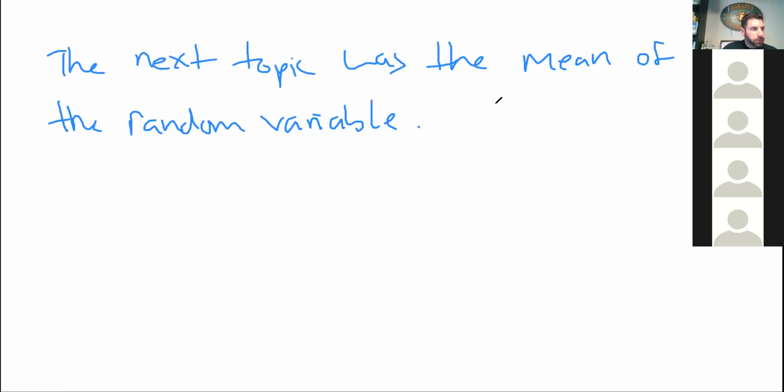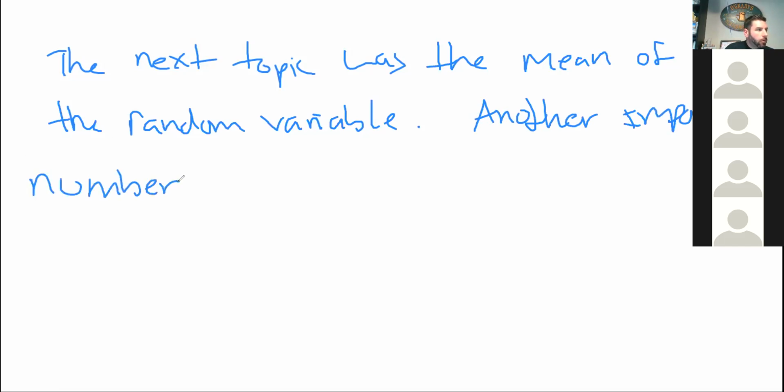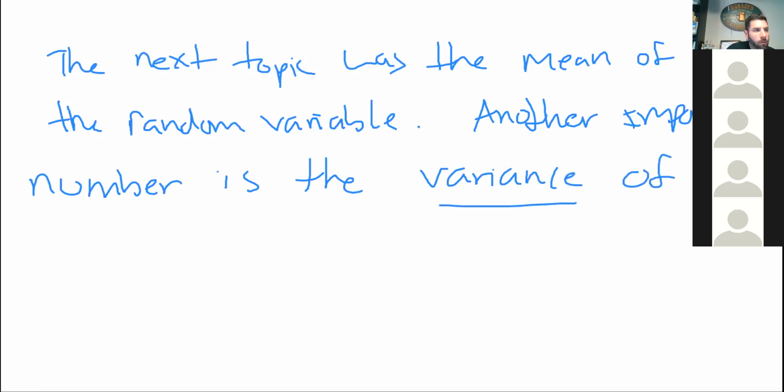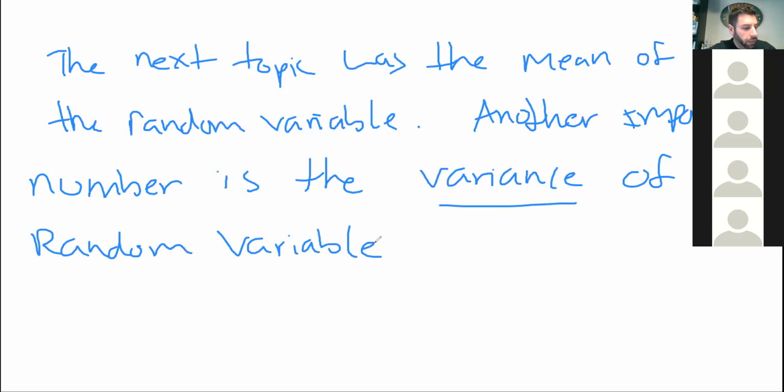So similar to the mean, another important number, and this is going to be a scary formula too, is what's called the variance. The variance is very similar to the variance we talked about before, but it is slightly different.